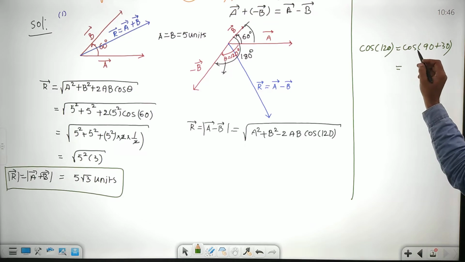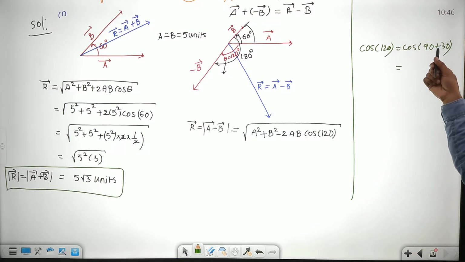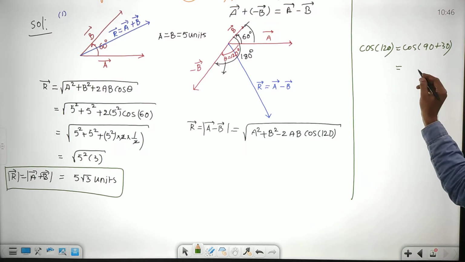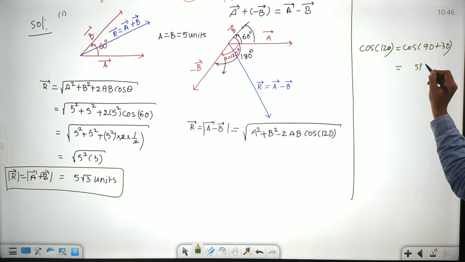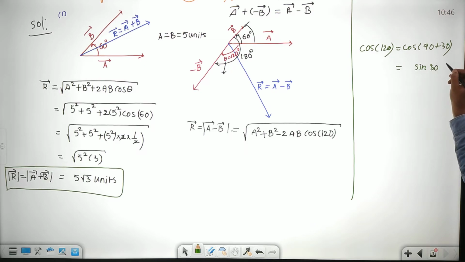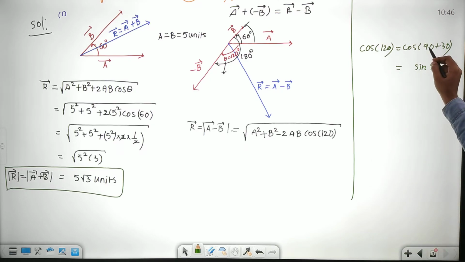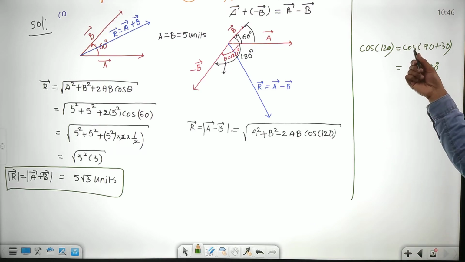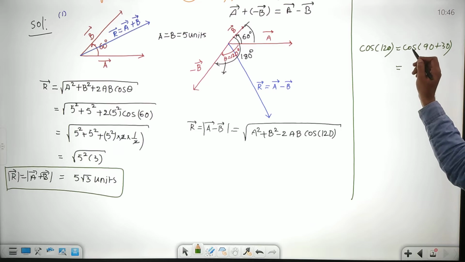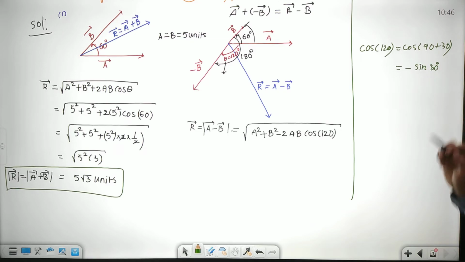Here, this is 90, an odd angle, so cos will convert into sine theta, that is sine 30. This is 90 plus theta, which means the second quadrant, where only sine and cosecant are positive and all the other terms are negative. So this cos term is going to be negative sine 30.